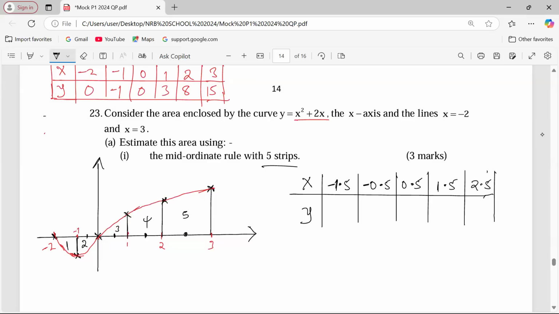So at negative 1.5, the middle height shall be negative 0.75. Then at negative 0.5, we substitute again in the function, and we get the value of y as negative 0.75. Then at 0.5, we substitute again in the function, and we will get 1.25.